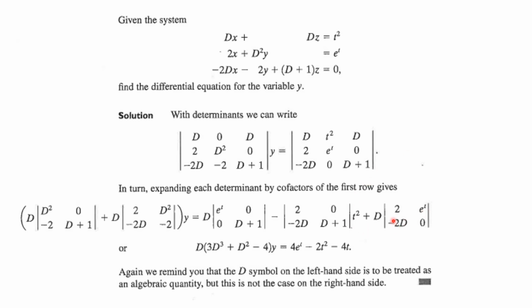And then lastly, this is D, and so we're going to have 2e^t, -2D, and 0. So anyway, you do those calculations. Again, it's instructive to do those calculations. So you end up with this being the differential equation that you have for y at the end of the calculation.